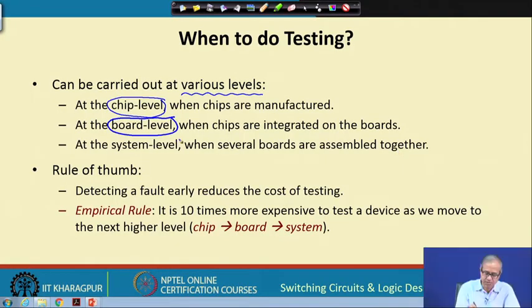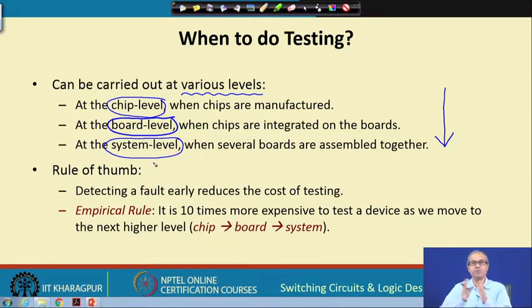So, when several boards are assembled together, we can finally test at the system level. But the point to note is that as we move up the hierarchy, as the system becomes more and more complex, the problem of testing becomes more difficult.